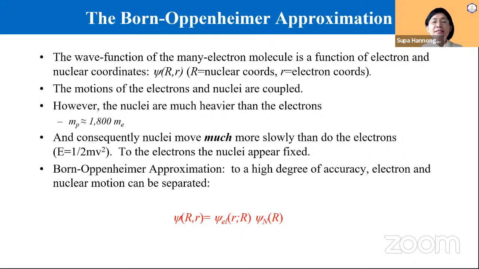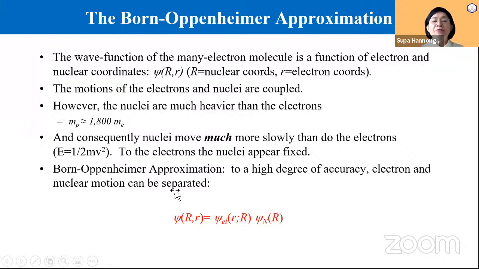So the feeling is that the nuclei are fixed at one station and the electron rotates or moves around the nuclei very, very fast. And in this case, the Born-Oppenheimer approximation is applied to the wave function. To a high degree of accuracy, the electron and the nuclear motion can be separated.